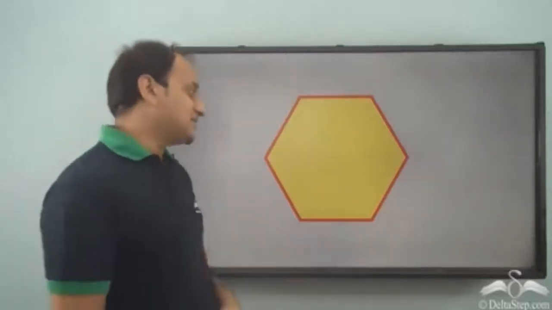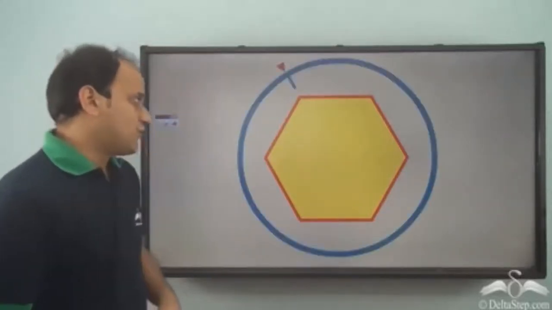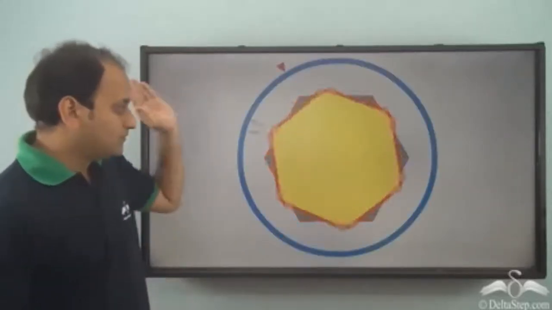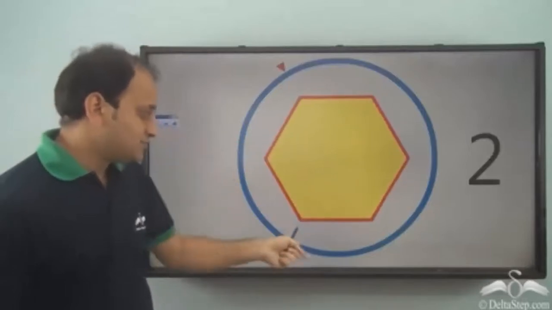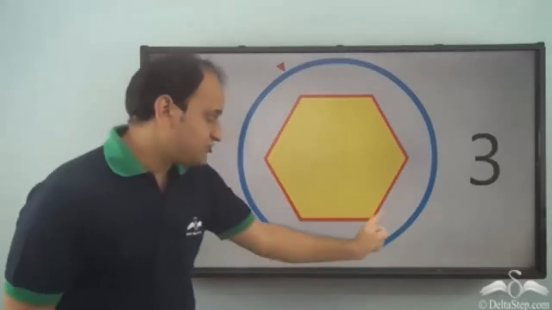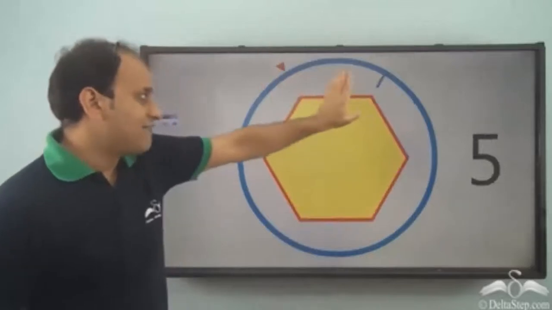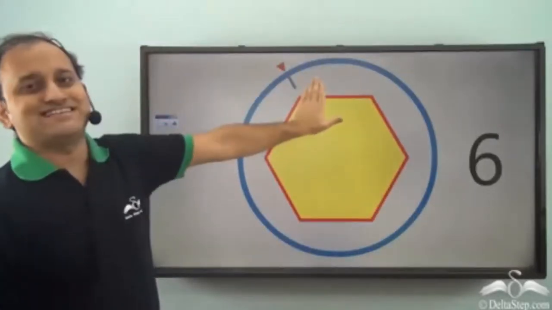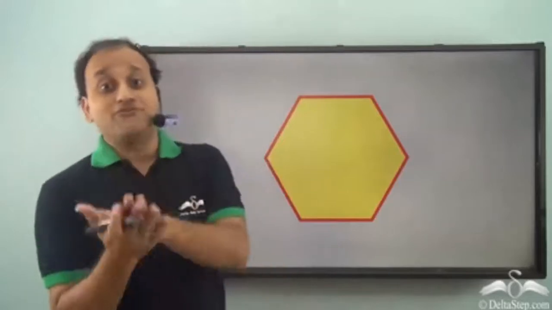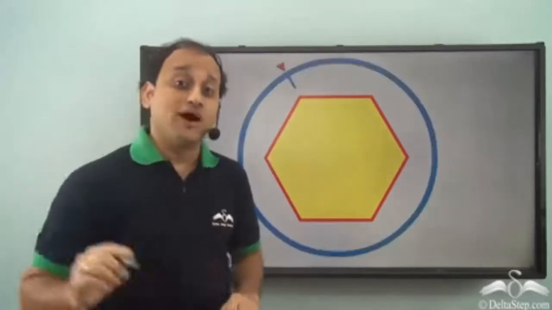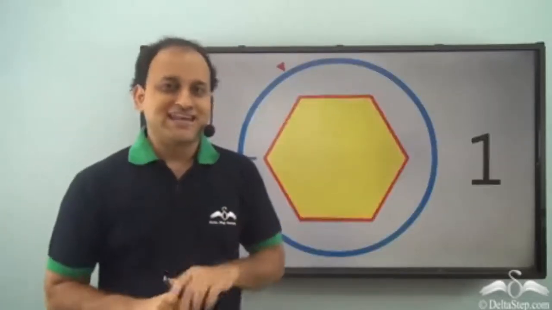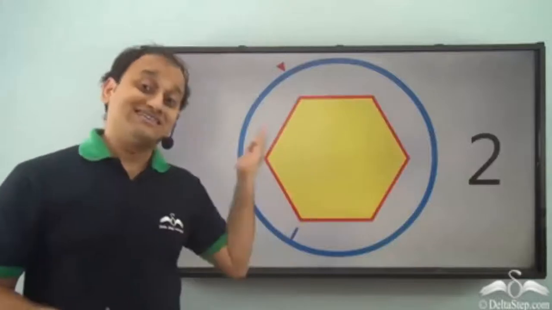What about this hexagon? Let's rotate it. So 1, 2, 3 times, 4, 5, 6 times. So it fits into itself 6 times before it completes one full turn, and so the order is 6.